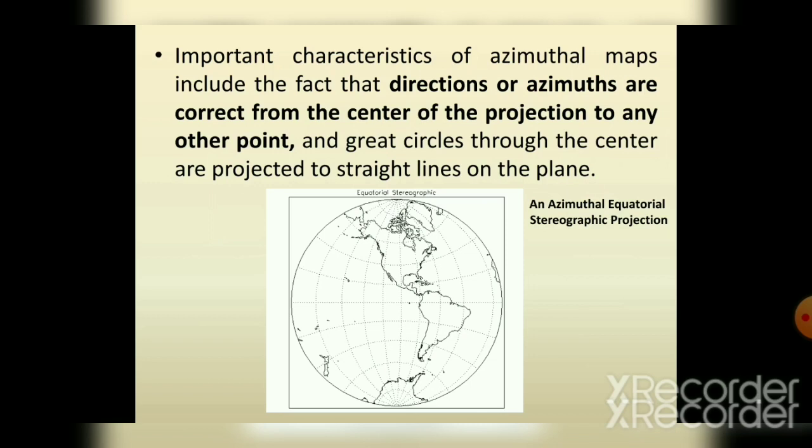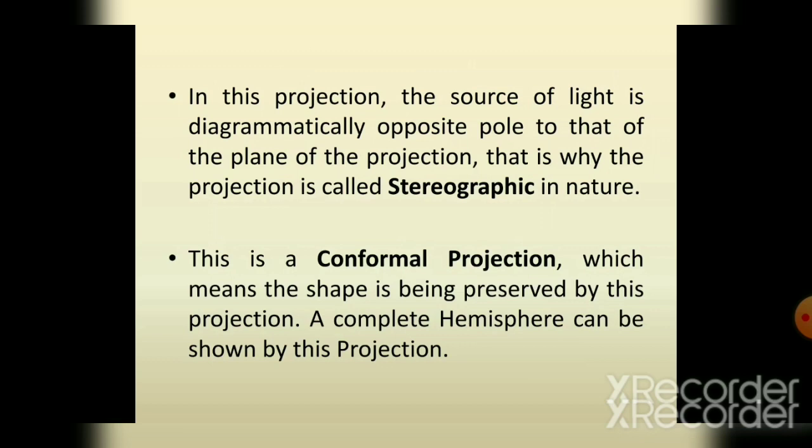You can see from the diagram that this kind of projection looks like this, where one hemisphere can be seen totally. Now there comes the idea of the stereographic. As you know, it is based on the location of the source of light.